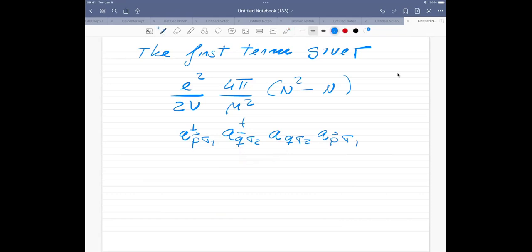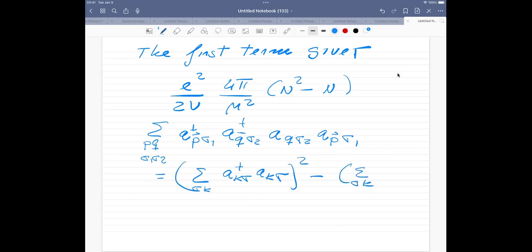So I can actually show that when I do the summation over P and Q and sigma 1 and sigma 2, and use the anti-commutation rules, I can rewrite this as a sum over sigma and k, where k is just a dummy variable, of A dagger of k sigma A of k sigma, squared, minus a sum over sigma and k of A dagger of k sigma A of k sigma.